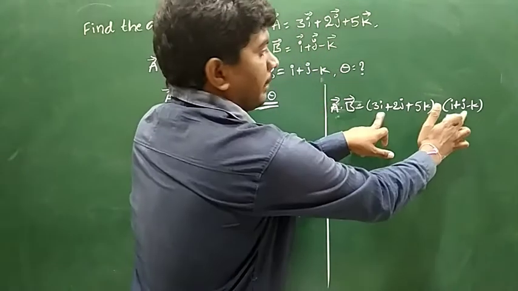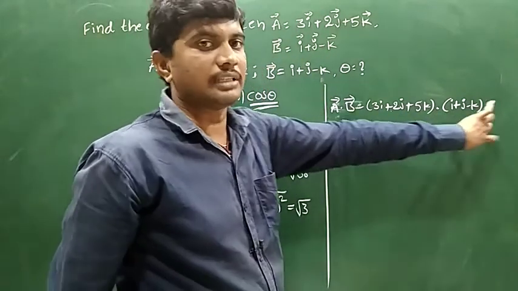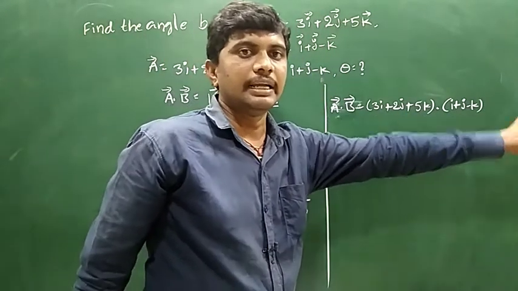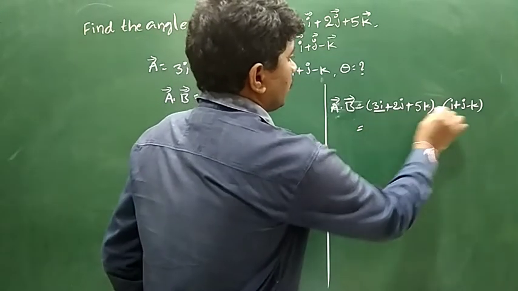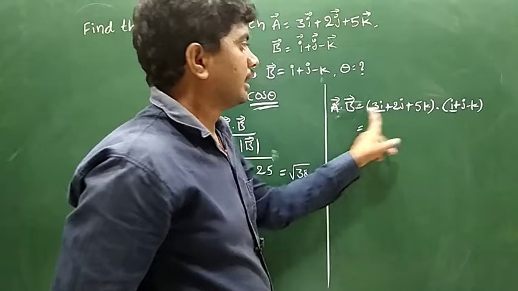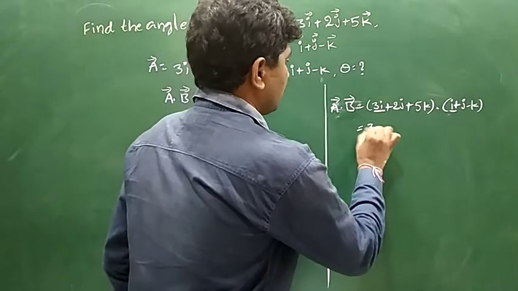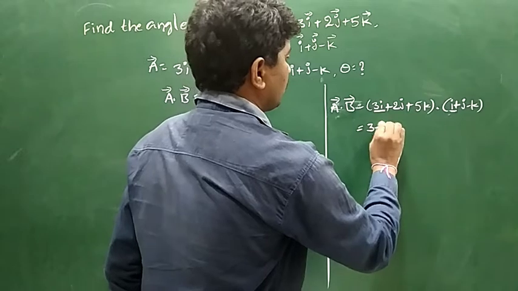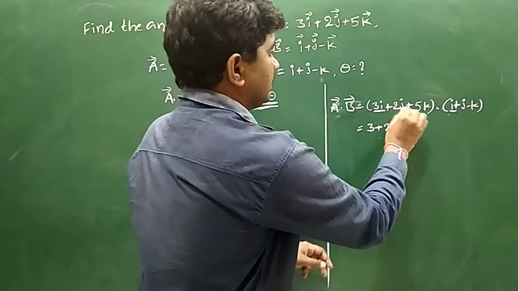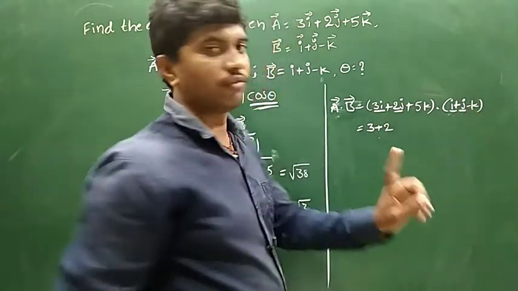For A dot B, only the unit vectors i dot i, j dot j, k dot k are equal to 1. Therefore 3i into i: 3 times 1 is 3. Next, 2 into 1 is 2, j dot j equal to 1.